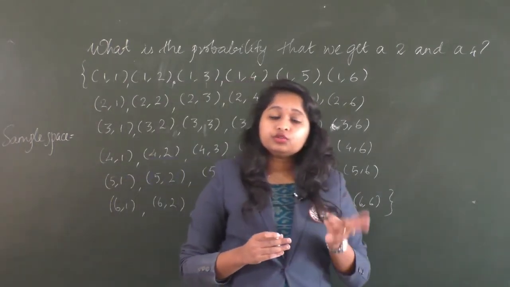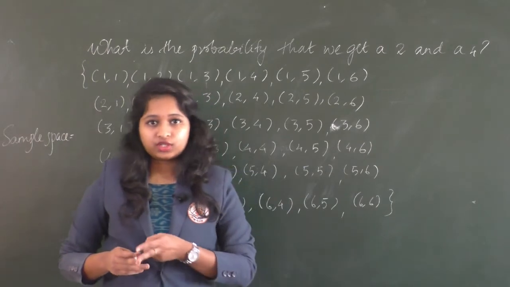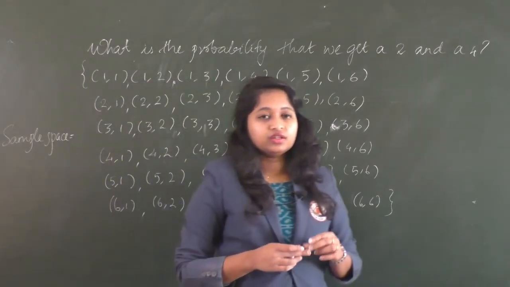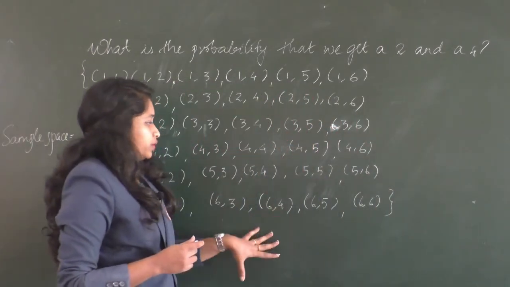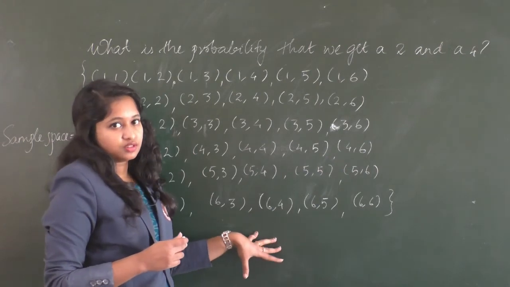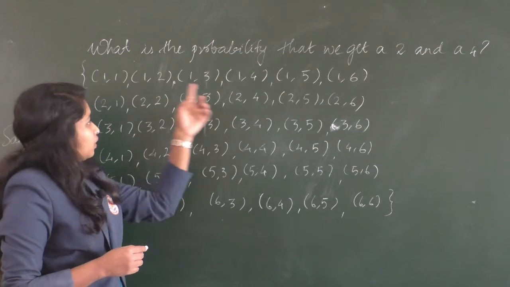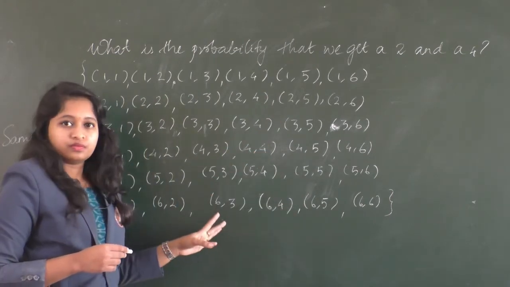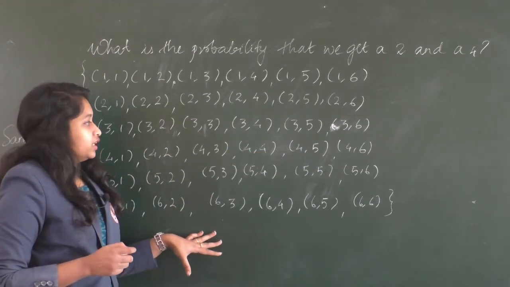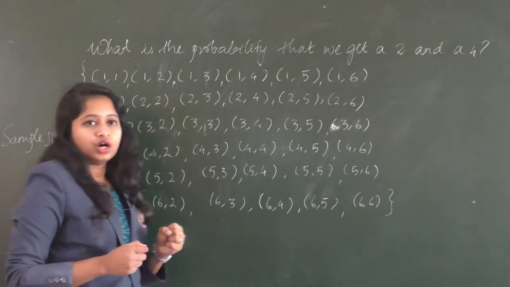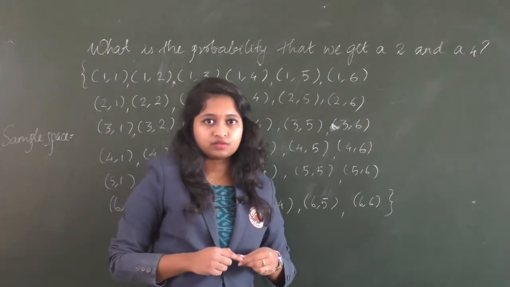So, if you roll 2 dice together, then the occurrence would be like this, the sample space. That means you can get all these outcomes. That means the total number of outcomes would be 36.